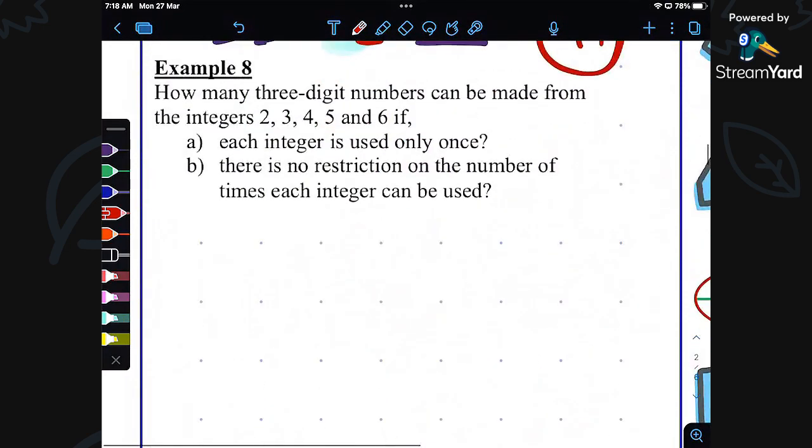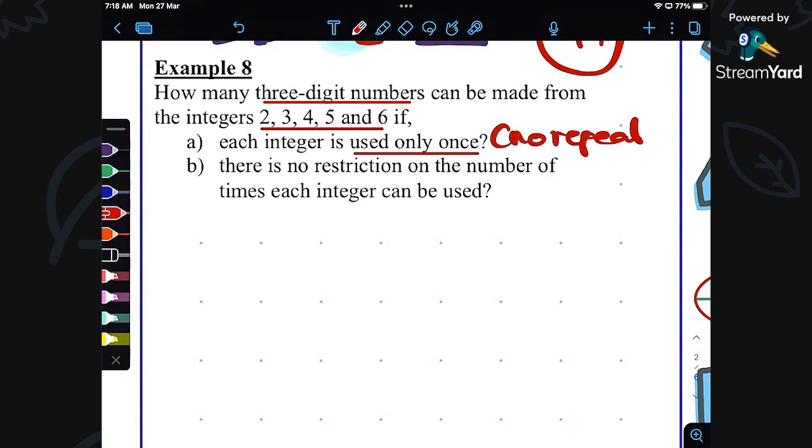So, how many three-digit numbers can be made from integers 2, 3, 4, 5, and 6 if each integer is used only once? Bermaksud no repetition. No repetition bermaksud nombor ini hanya boleh dipakai satu kali sahaja. Apa-apa pun, marilah kita buatkan boxes dia dulu.